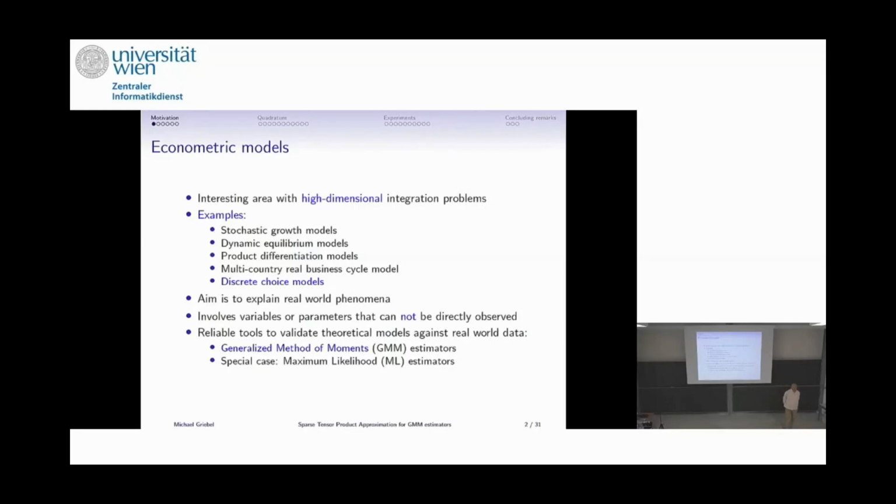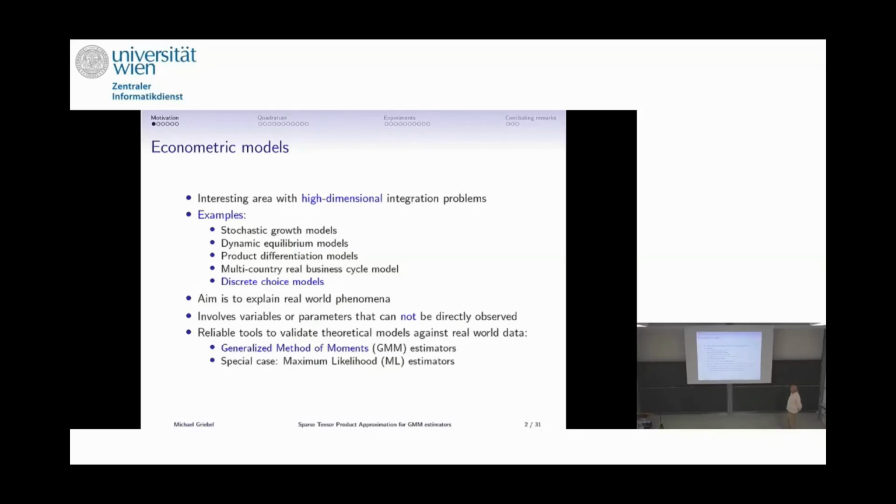And what we are after are discrete choice models. People make choices, decide on something, and one can measure that in the lab, for example. Students get in and make their decisions on the computer, for example. And then we want to explain real-world phenomena. Or these people want to.